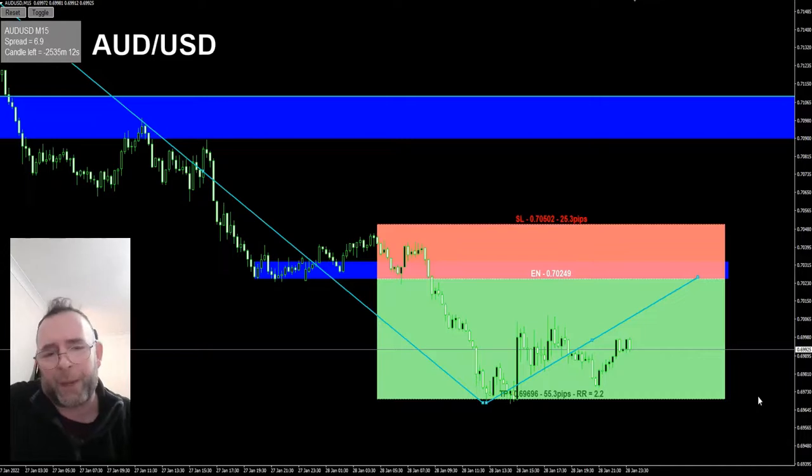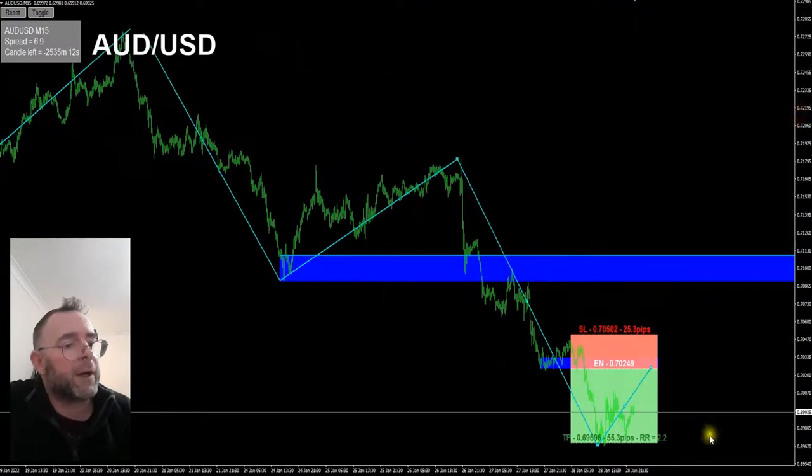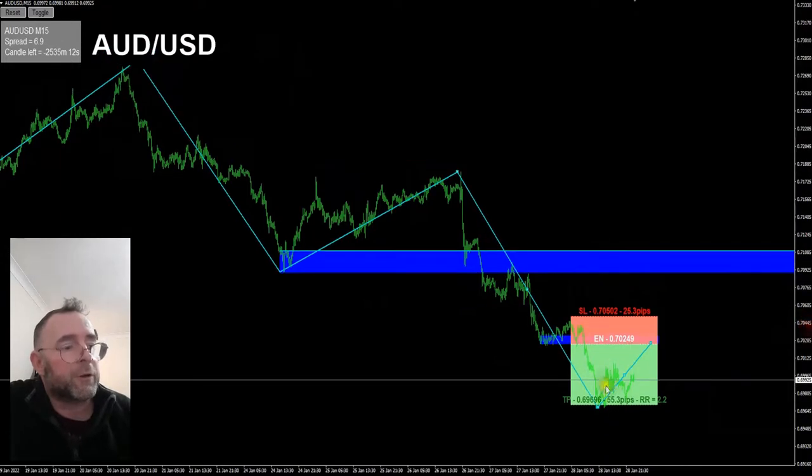So not too bad. Certainly once it gets to around 20 pips in profit, we want to set to break even and even take partial profits. We could even let it run even further if that's what we wanted to do. But as we scroll out, you'll see that there's no real low here apart from the previous one. So that would be the logical area to aim for.